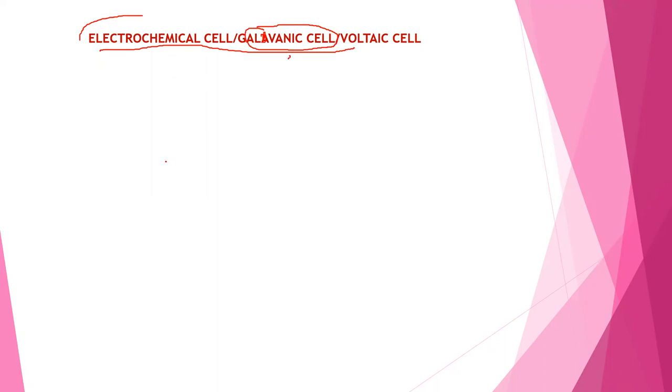For example, if we have a dry cell, this is our dry cell. Let me draw it well so that you can understand. This dry cell, we have a bulb here connected to it. So this is the bulb, and it is connected to this.